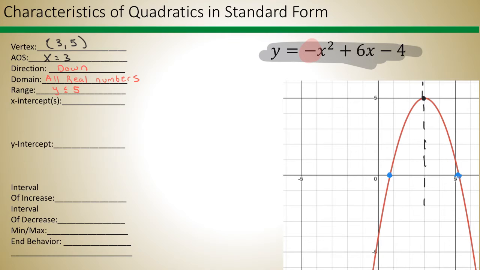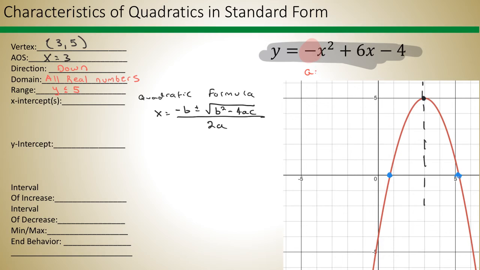So if you remember, the quadratic formula is this. x is equal to negative b plus or minus the square root of b squared minus 4ac, all of that over 2a. So then we're going to identify what a, b, and c are.